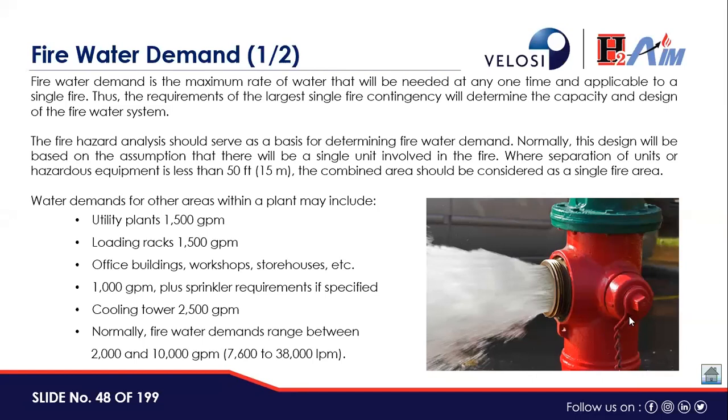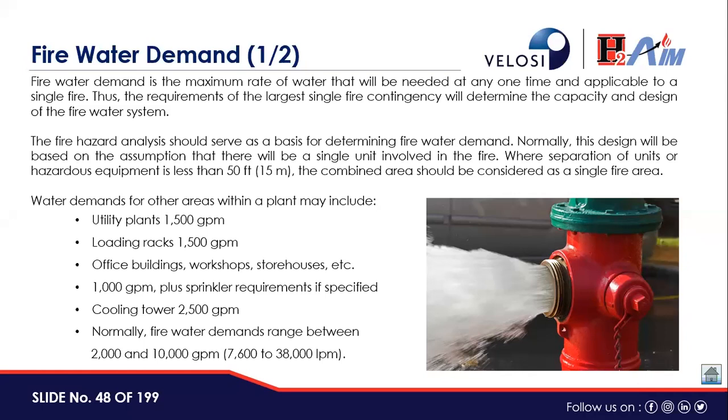If I go by the definition of the text, the fire water demand is the maximum rate of water that will be needed at any one time and applicable to a single fire. Thus, the requirement of the largest single fire contingency will determine the capacity and design of the fire water system or fire tank. And then the issue is also whether the capacity would be for 1 hour or 2. That would also be defined based on NFPA requirement.